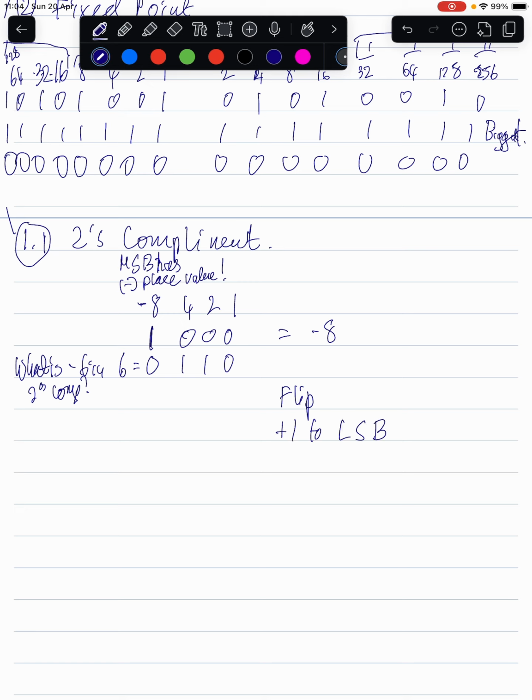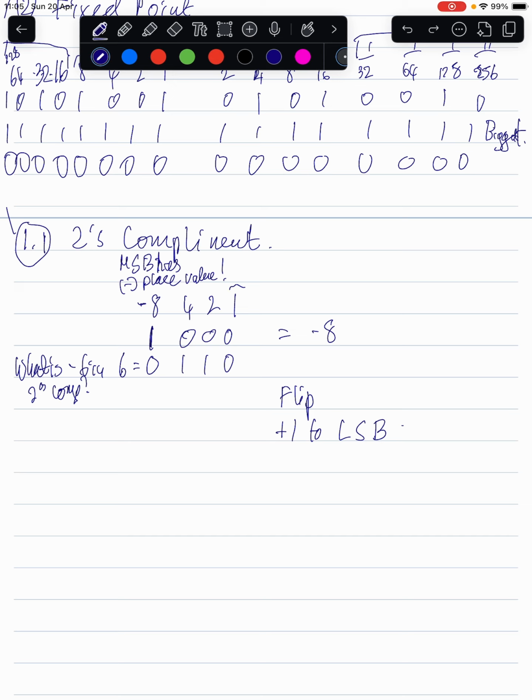You'll see why I say least significant bit, whereas elsewhere you probably hear just add 1. The reason is that when you've got fractional 2's complement, you do need to add it to the least significant bit, which could be not the 1's column.